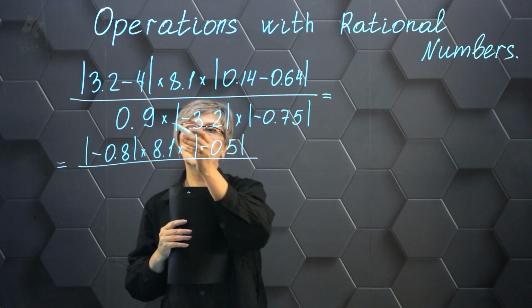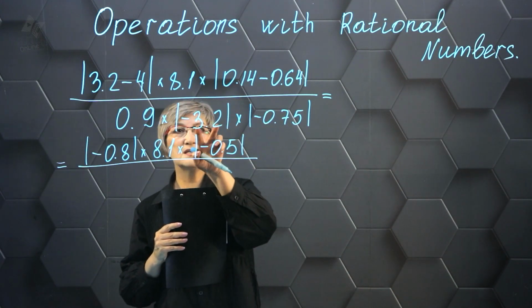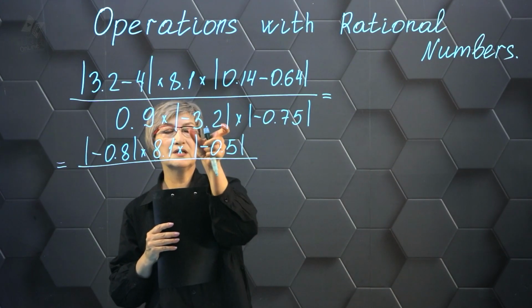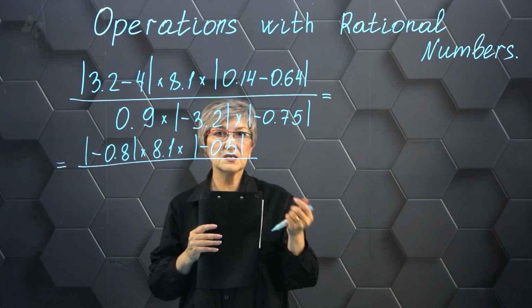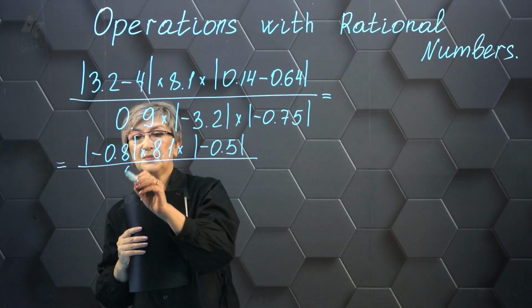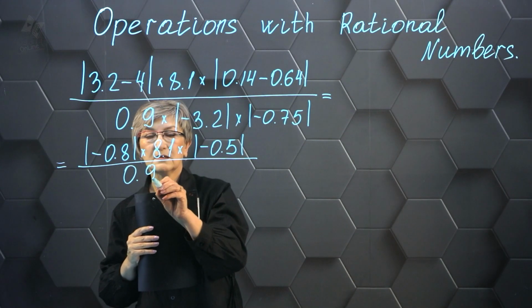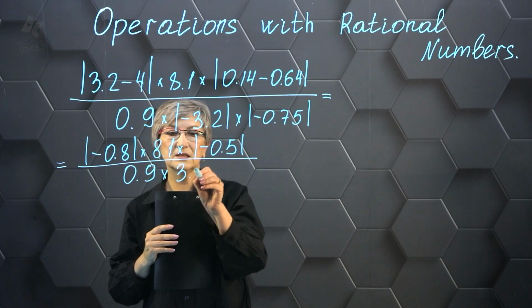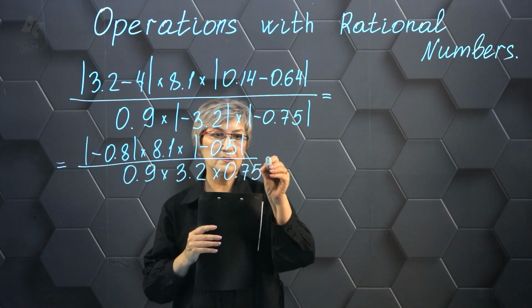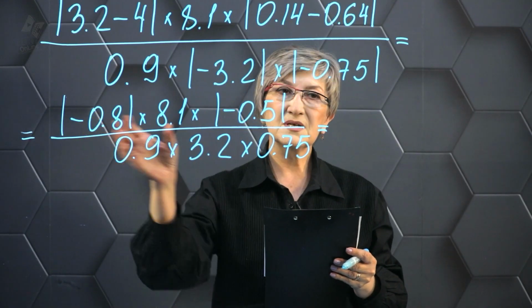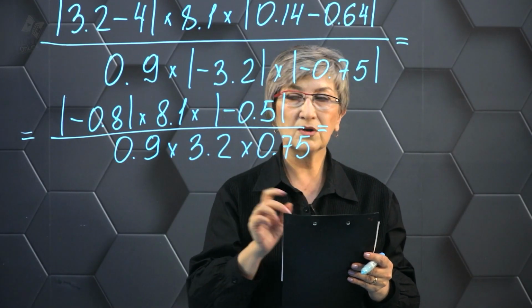In the denominator, we can immediately find the absolute value for the number minus 3 whole 2 tenths and minus 0 whole 75 hundredths. The result is 0.9 tenths, multiplied by 3 whole 2 tenths and multiplied by 0.75 hundredths. The numbers in the numerator are written under the modulus sign.